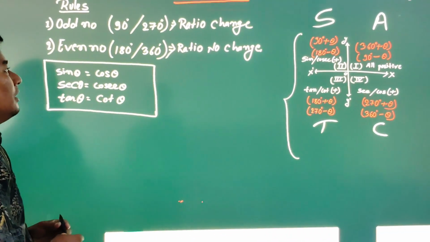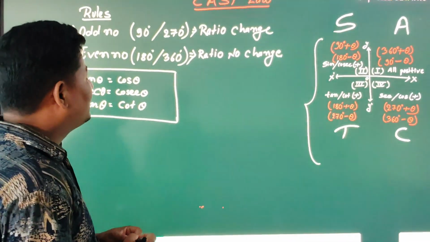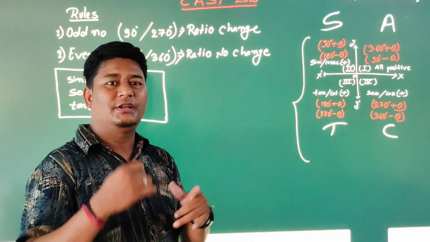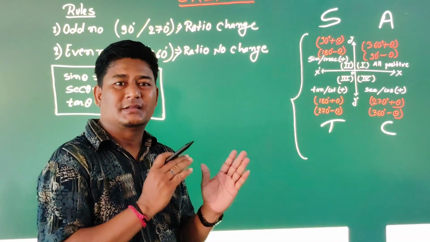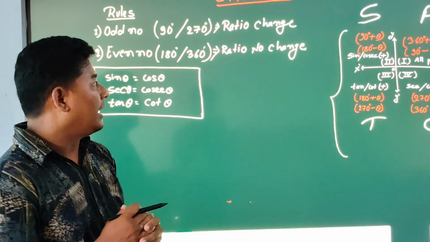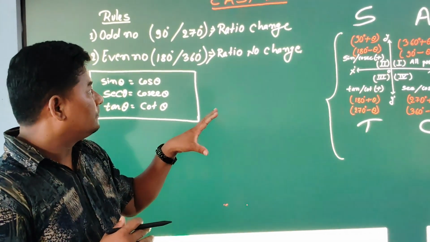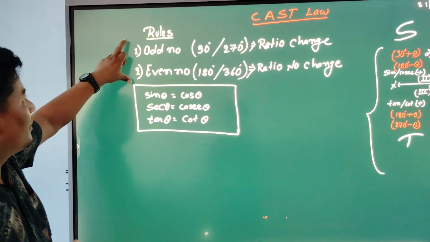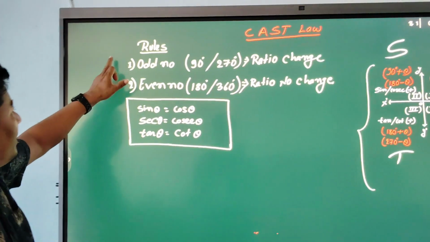Today we are going to learn how to change a trigonometric ratio, like sine changing into cos, cos changing into sine, and here you can see some rules of the CAST law.